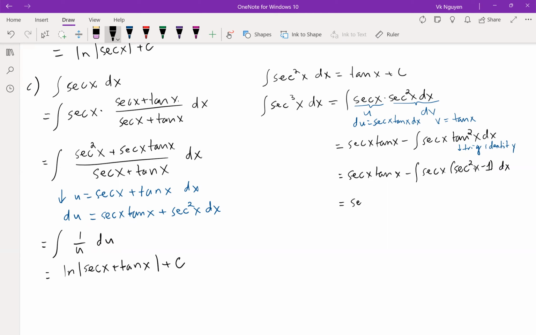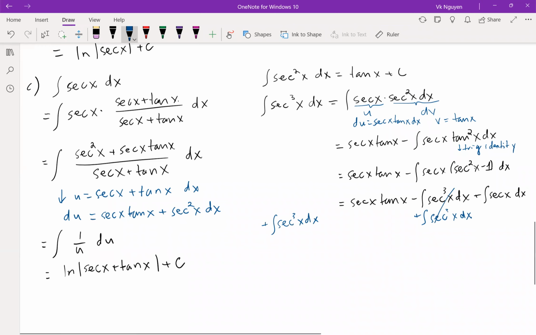Now what we have is secant x tangent x minus the integral of secant to the power 3 x dx. Minus a minus is plus the integral of secant x dx. Oh, we can add the integral of secant to the power 3 x dx to both sides. This cancels out.